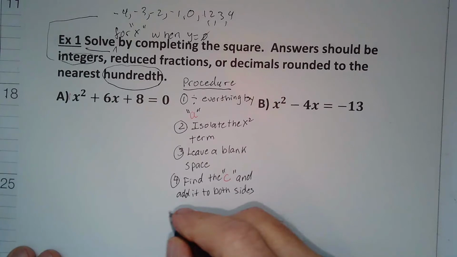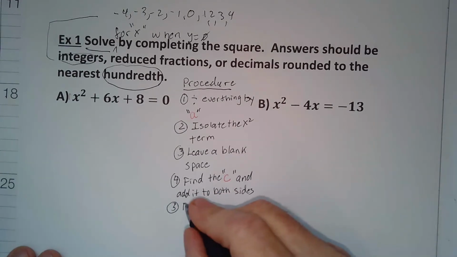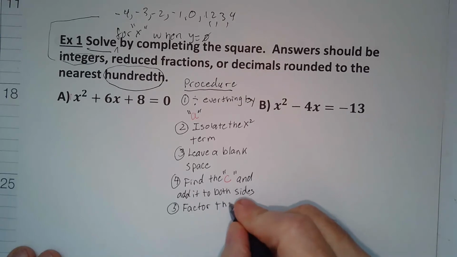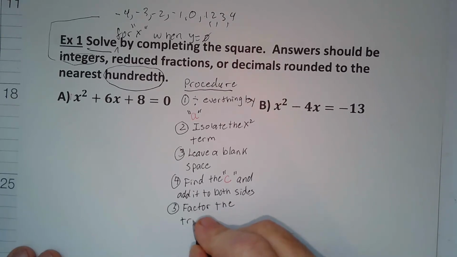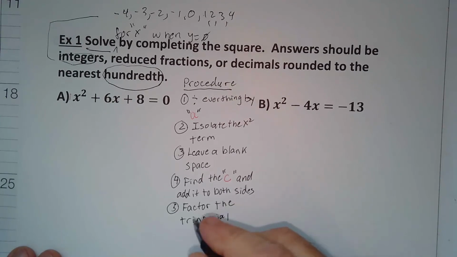Then we're going to factor the trinomial, and then we're going to use the square root method to solve.